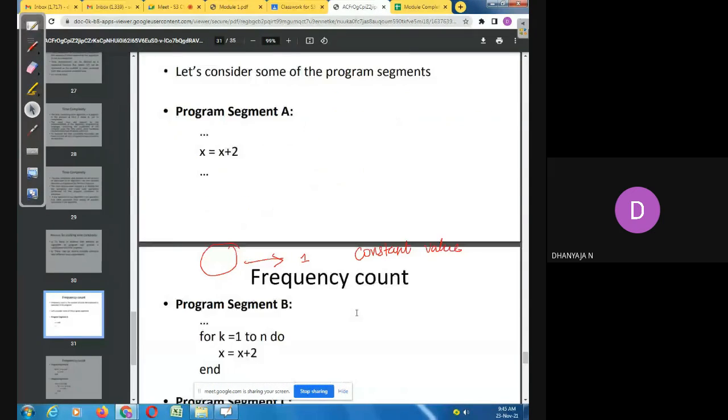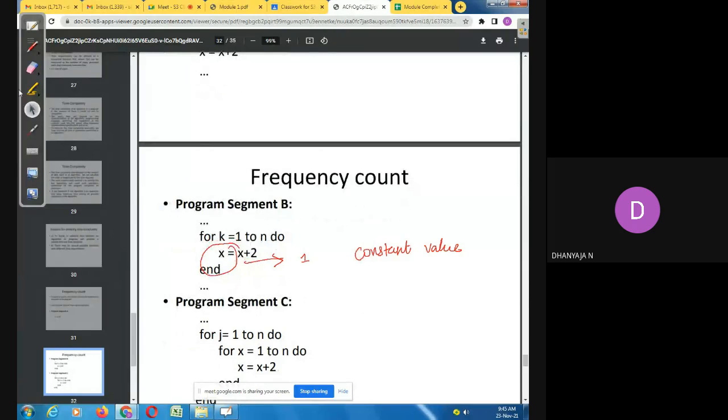Like if I am considering a program segment, k is equal to 1 to n and x equal to x plus 2. Okay, just note down this. So I'll rewrite this like this: for k is equal to 1, k less than n, k plus plus, inside that I'm executing x equal to x plus 2.